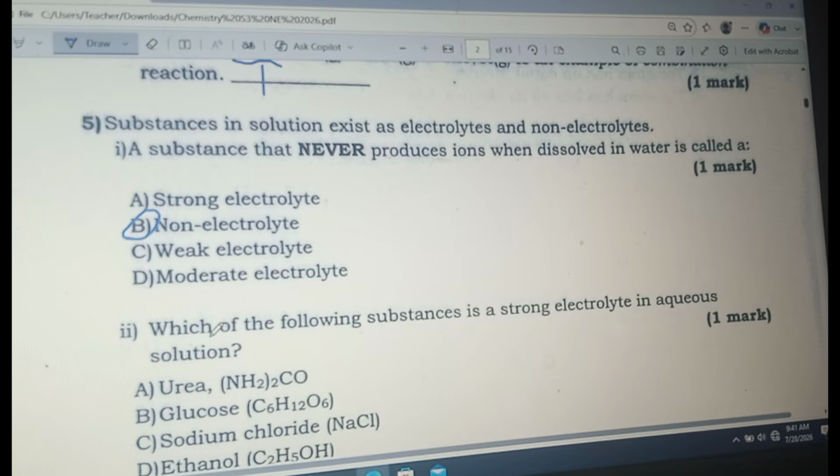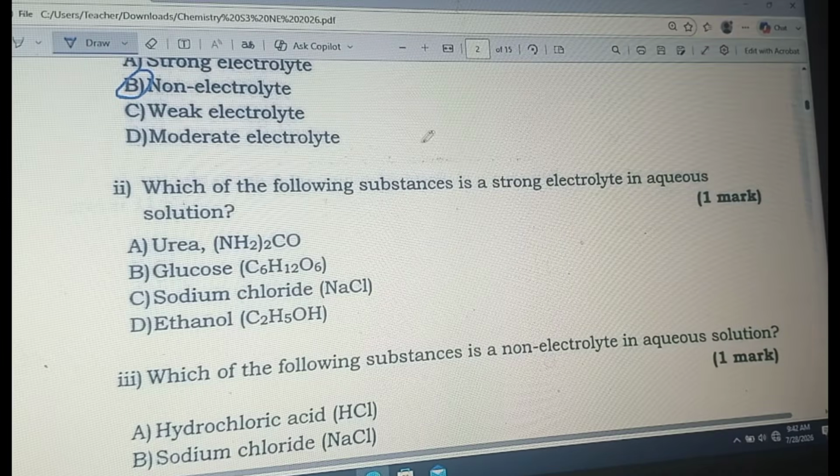Okay. I2, which of the following substance is strong electrolyte in aqueous? Urea, A, is non-electrolyte, means that does not produce ion. B, glucose is non-electrolyte, means that does not produce any ion.